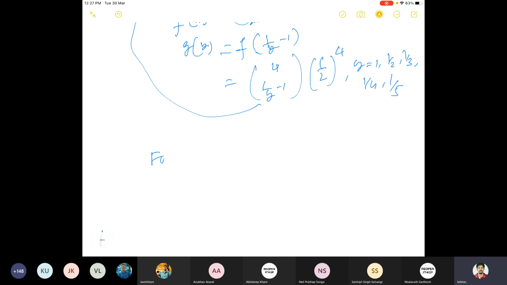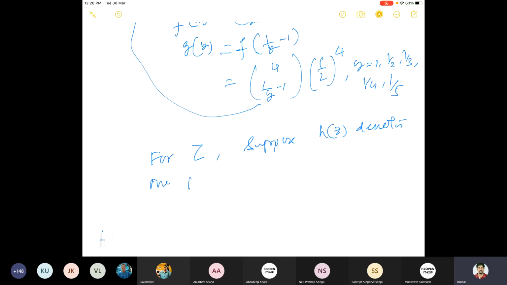So suppose you want to find out the PDF of z, suppose h(z) denotes the PDF. And what happens is, what is h(0)? H(0) means when z can take the value 0.